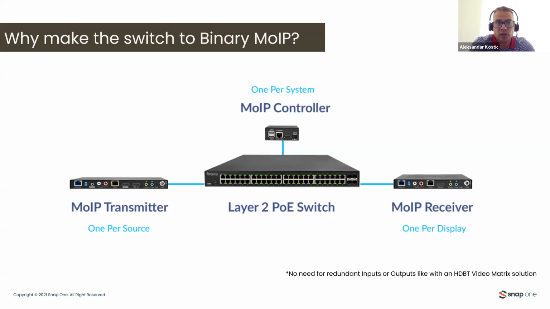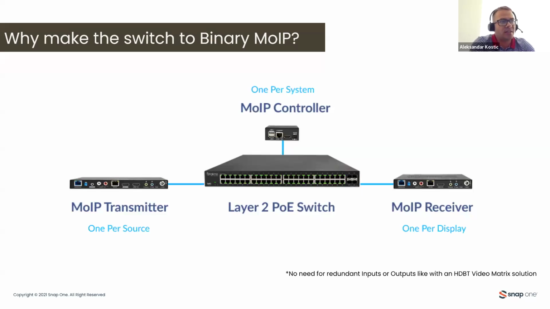The MOIP controller is the main brain of the MOIP, where all the transmitters and the receivers are practically routed, and it manages which transmitter pairs with which receiver. So all of this works through the MOIP controller, the management point, the place where you access the MOIP system and control everything else.